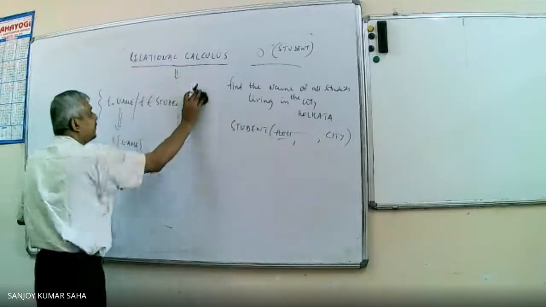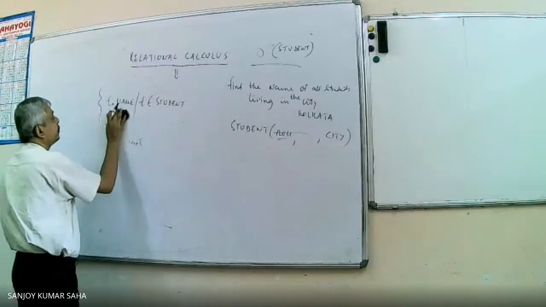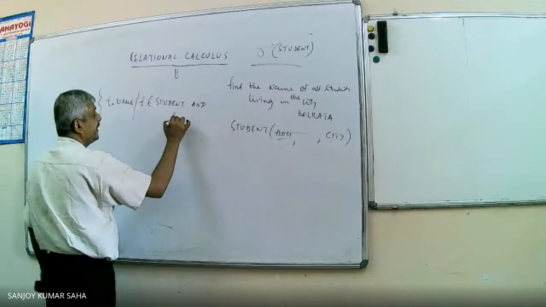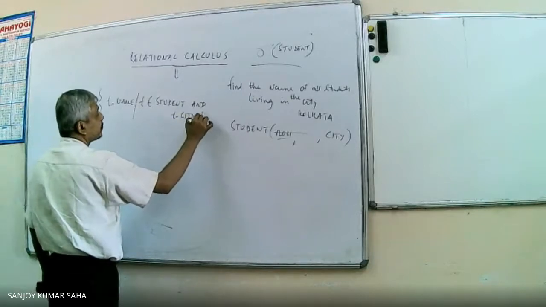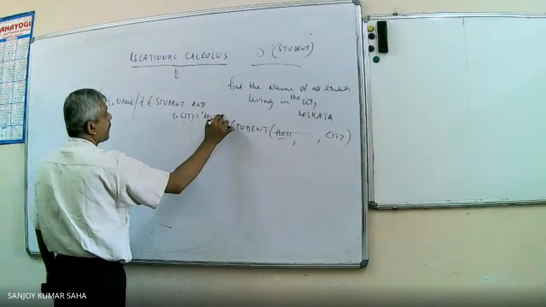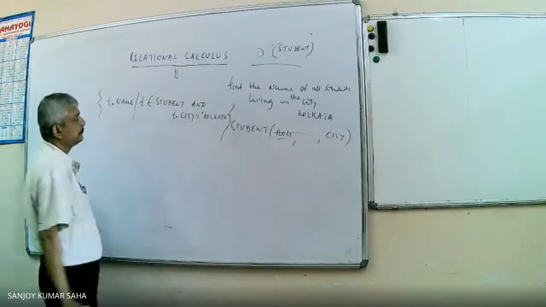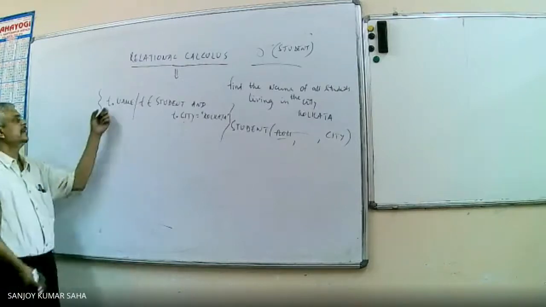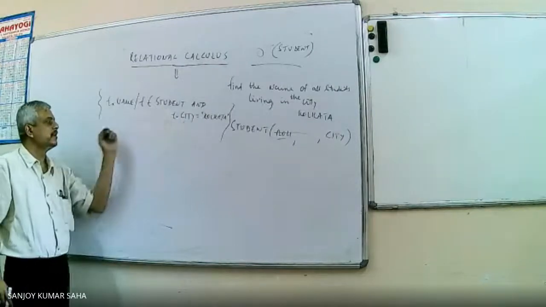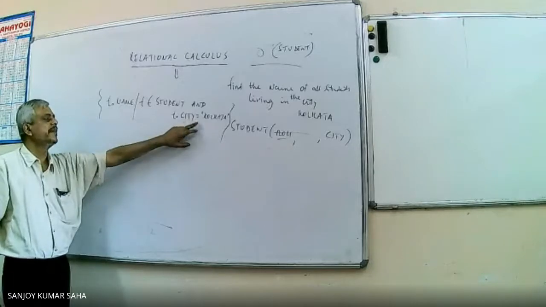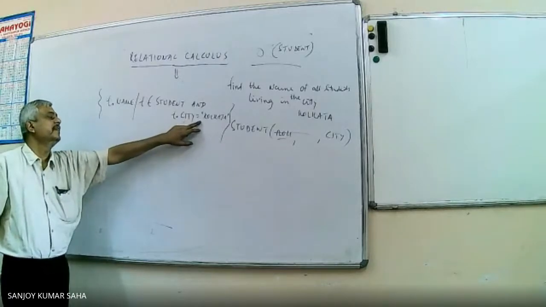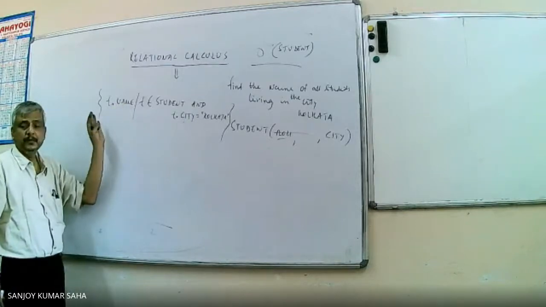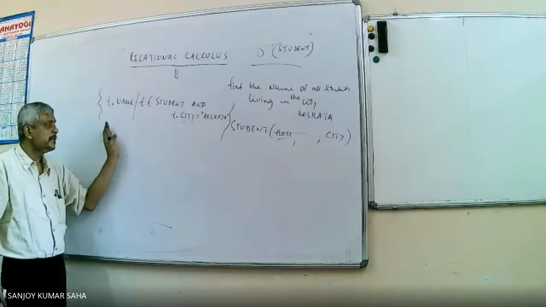Then we can specify that T belongs to student and T dot city equals Kolkata. This tuple variable ranges over student. From a student tuple, it will check whether the city equals Kolkata, and if so, it will give the name. That specifies the requirement.